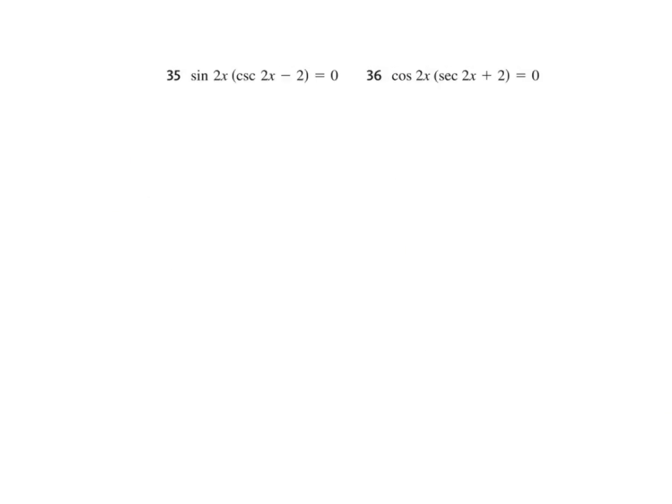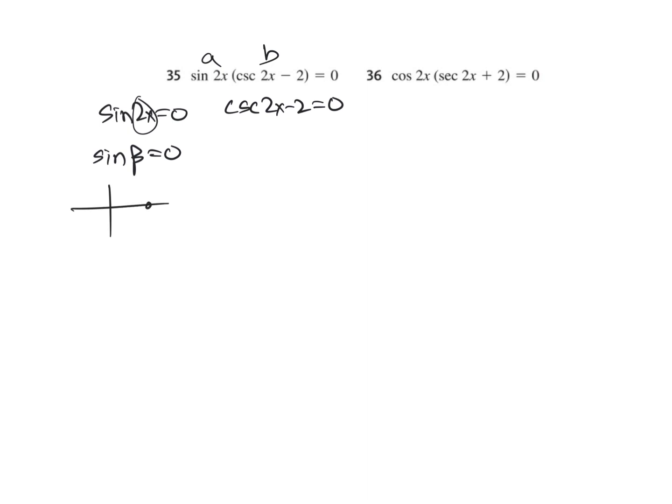All right, 35. So we have two things. There's your a and your b. So sine of 2x equals 0, or cosecant of 2x minus 2 equals 0. Well, again, that's a double angle, so let's first say the sine of beta equals 0. Where's y equals 0? Y equals 0 here and here on the unit circle. So 0 and pi.